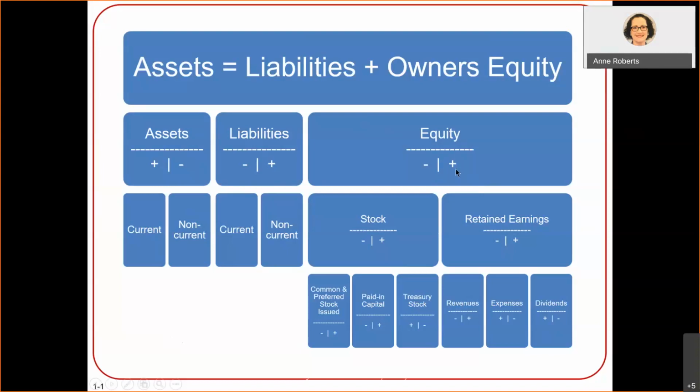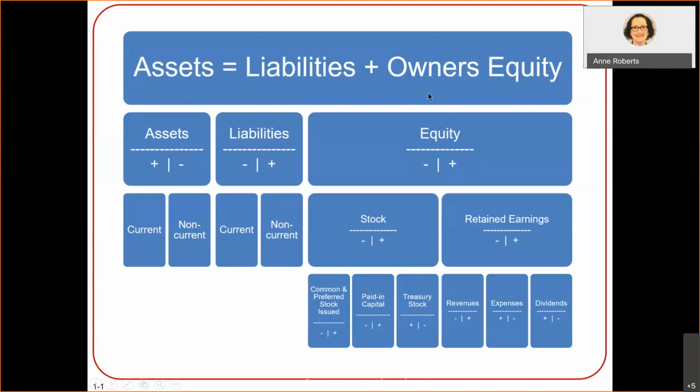Now, don't let this be too difficult for you. This whole concept of debits and credits is real simple to get your head around if you'll get off of that train of thinking they mean add and subtract, because they don't. Assets are on the left-hand side of the equal sign, so they increase on the left.